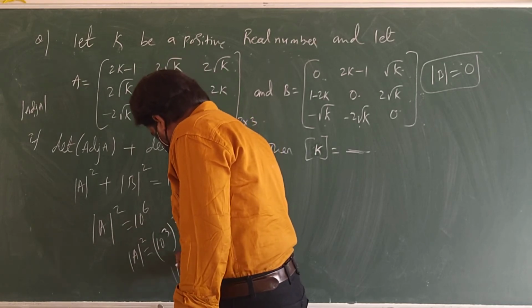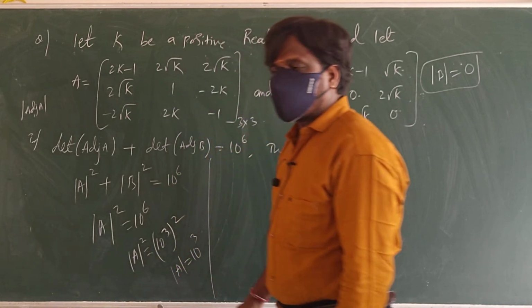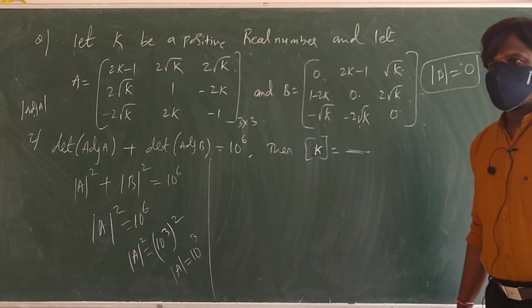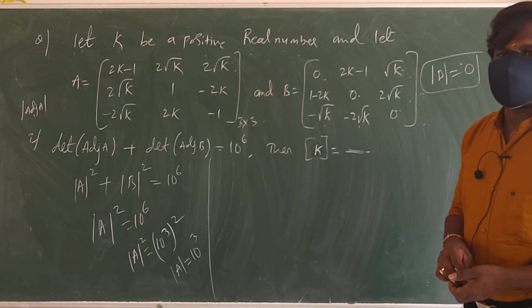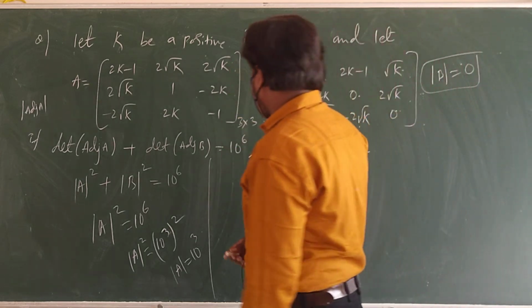It means determinant of A is equal to 10 cube. Correct? What I have to find now? I have to find determinant of A. So let's solve this one. Determinant of A, find it.